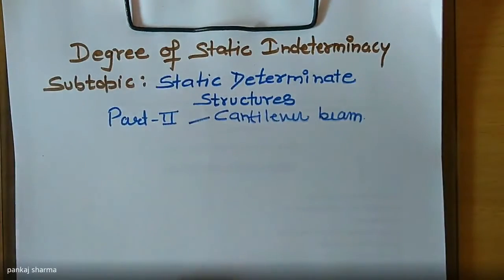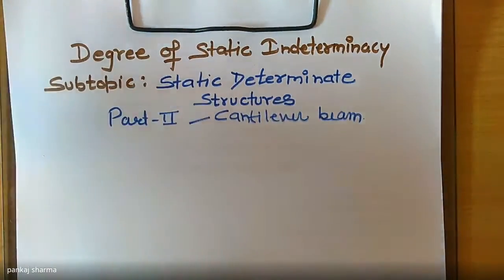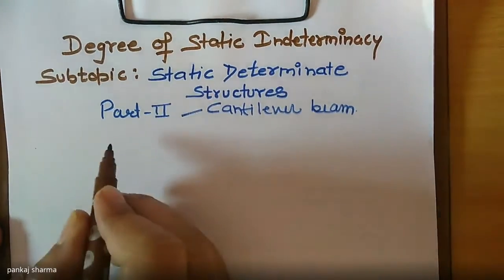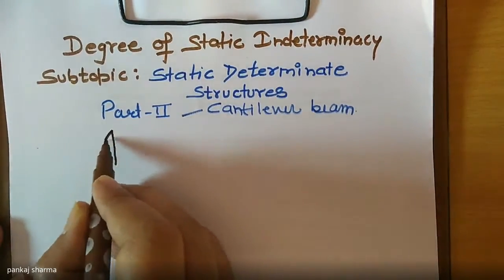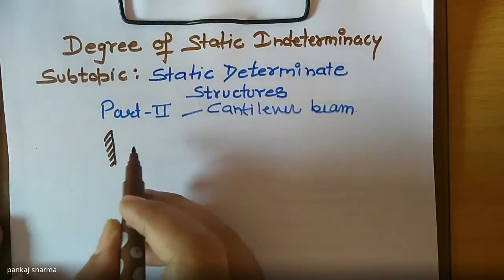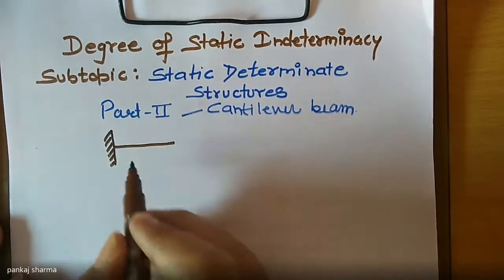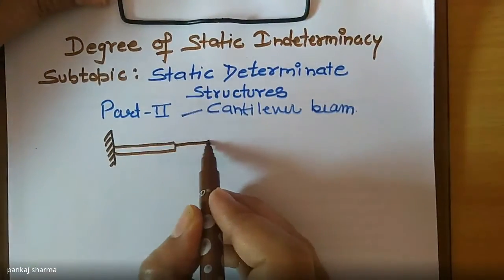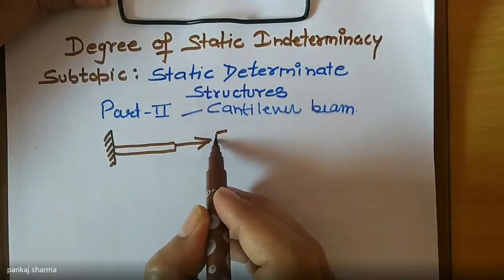Now, in continuation with the previous lecture, I am writing an example to get more understanding about this. It is a cantilever beam and it is subjected to only an axial force.